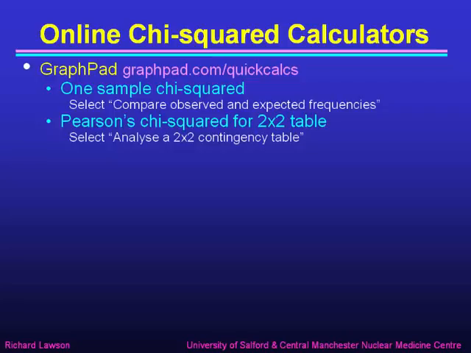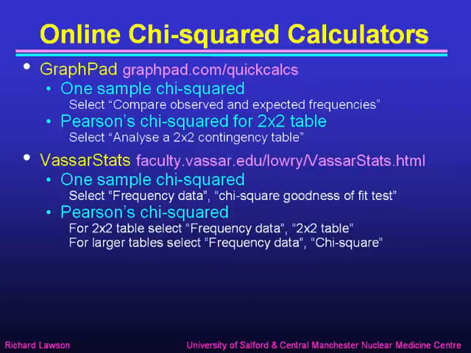There are also calculators for doing chi-squared online. GraphPad can do one sample chi-squared if you select compare observed and expected frequencies, and it can do Pearson's chi-squared, but only for a 2x2 table, which is a bit limiting, if you select analyze a 2x2 contingency table. Vassar Stats can do the one sample chi-squared test by selecting frequency data and then chi-square goodness of fit test, or Pearson's chi-squared test.